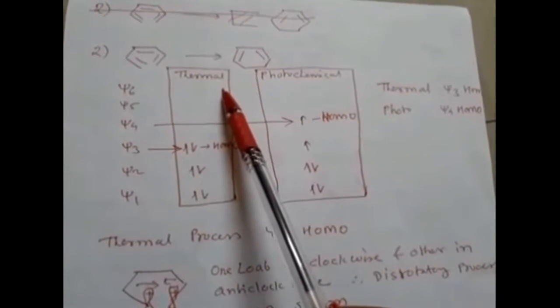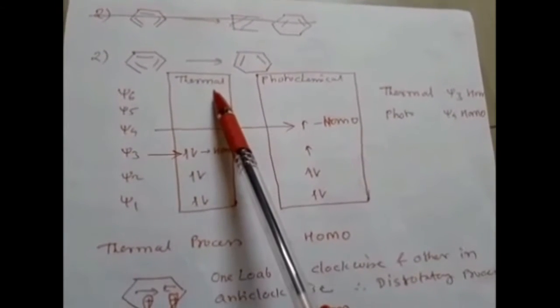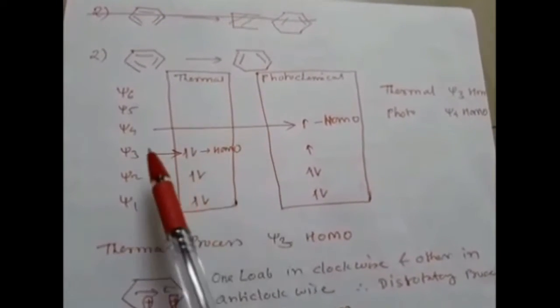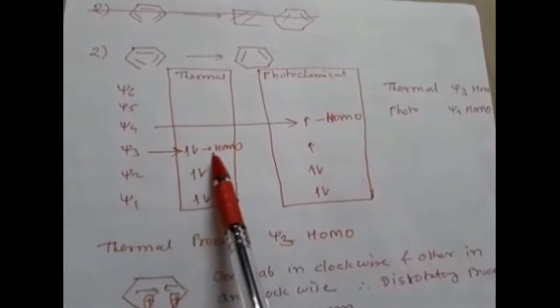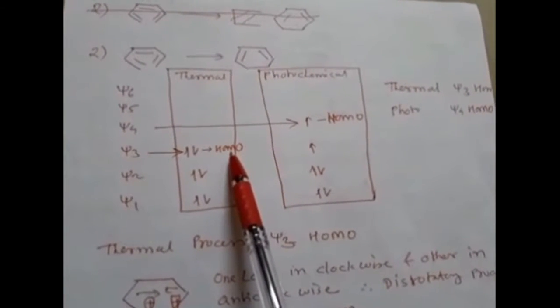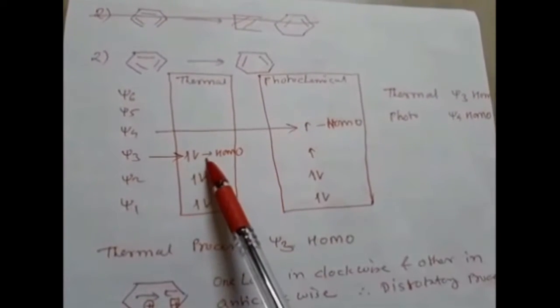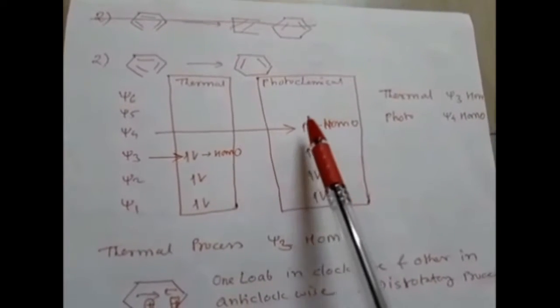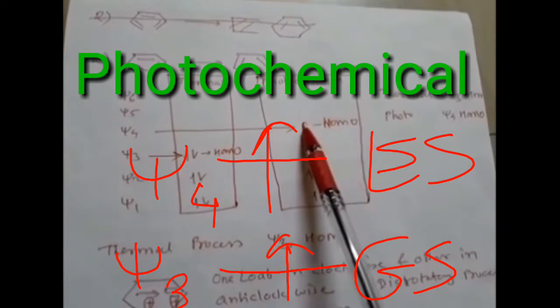So this is the situation if the process is a thermal process. Now here, if you observe, Psi3 is the highest occupied molecular orbital. Whereas if I consider a photochemical reaction, then out of these 2 electrons, 1 electron is to be shifted into Psi4 orbital.